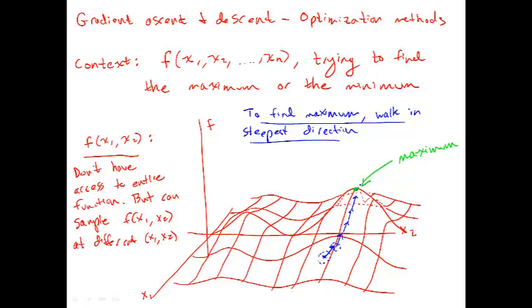So hopefully that makes sense intuitively, and in fact, that is all that gradient ascent does. Gradient ascent is just the method of finding the maximum of a function by starting at a given point and always walking in the steepest direction. And so why do we call it gradient ascent?